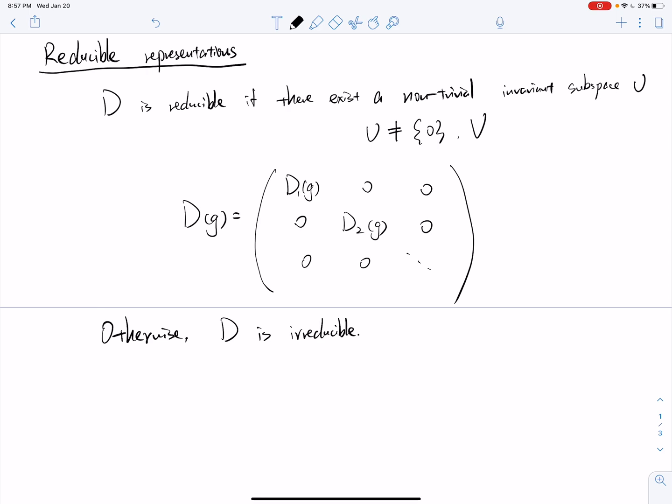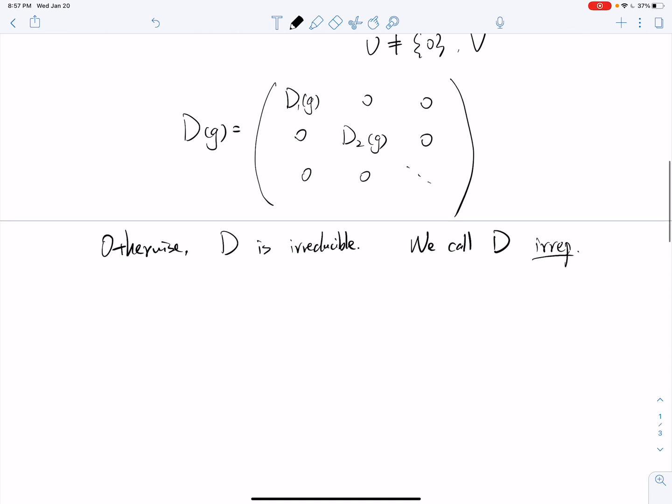And for short, we call this irreducible representation irrep. This is just a shorthand of irreducible representation. And as we can see, reducible representations can be constructed as a direct product of irreducible representations. For example, in this case, this is simply a direct product of D1 plus D2 and plus everything that is in these dot, dot, dot.